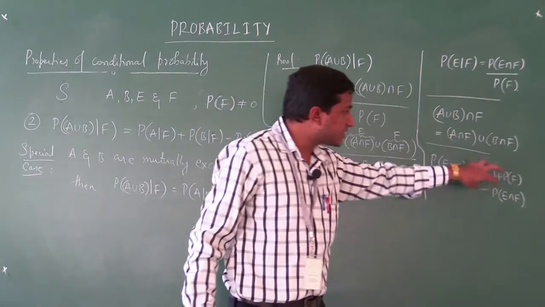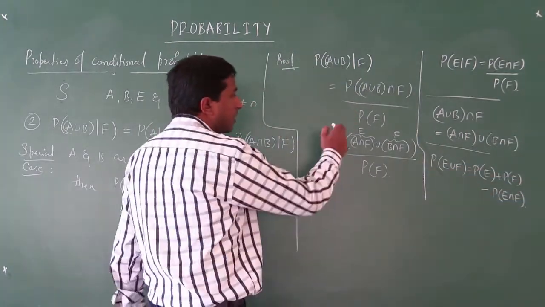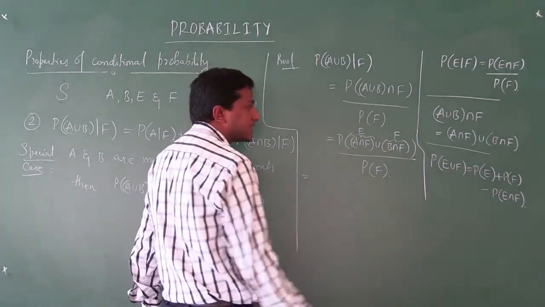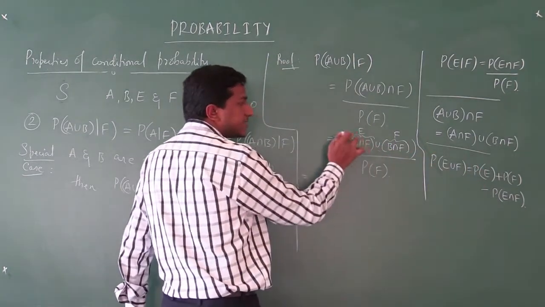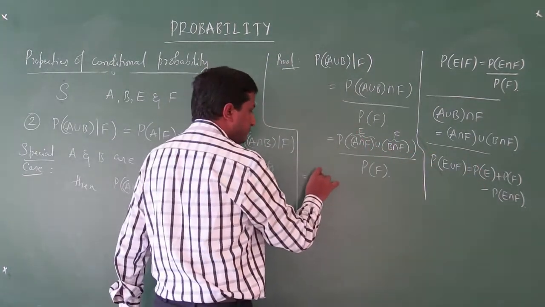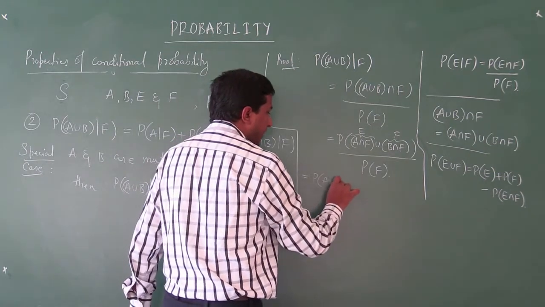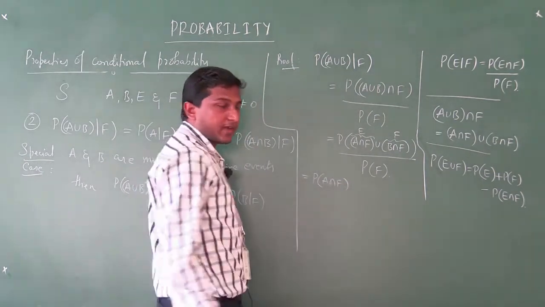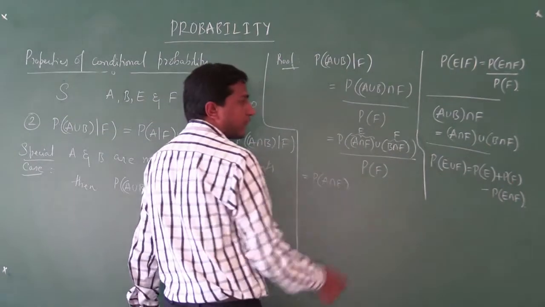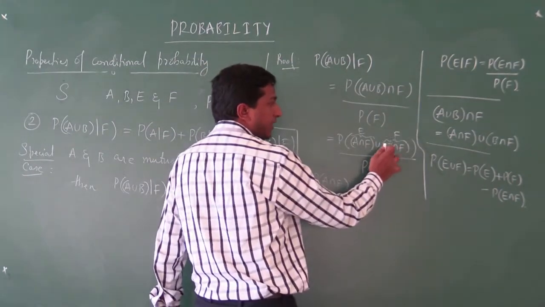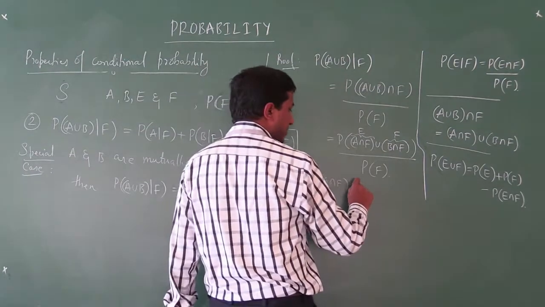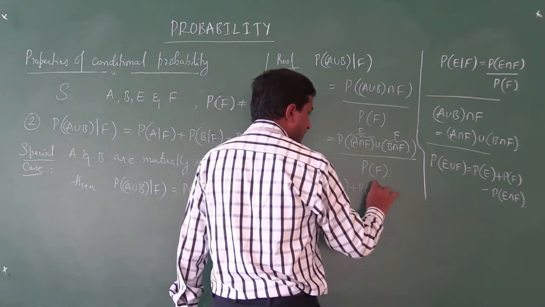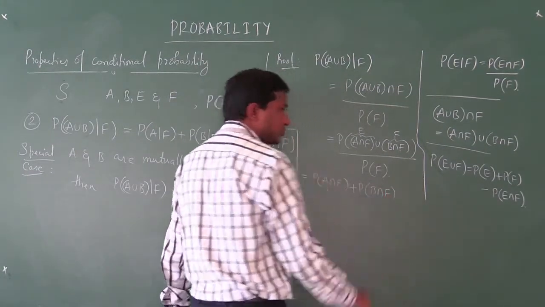Using this formula, how can we write the numerator? I can write it as P of E, where E is A intersection F, so P of A intersection F, plus P of F. Here I can consider B intersection F as set F, so that is P of B intersection F.